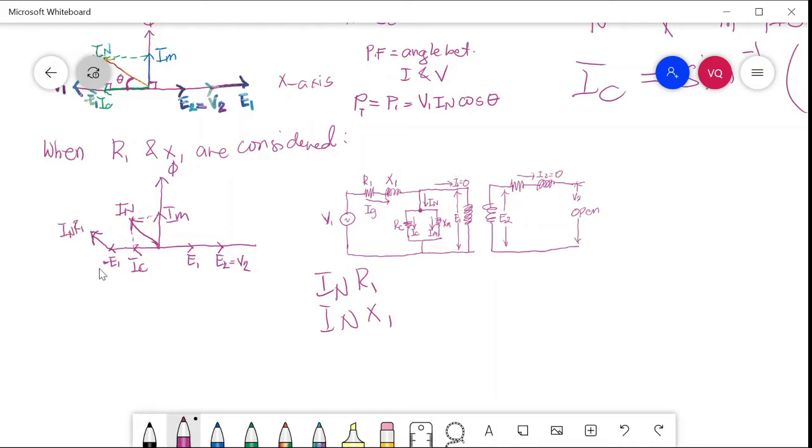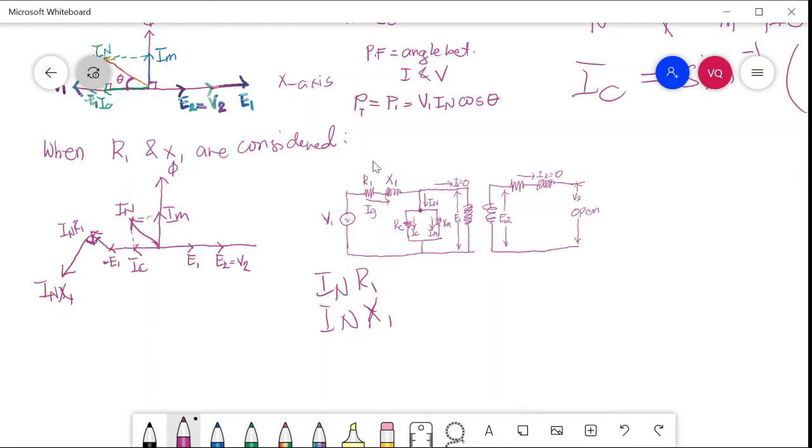So here is the drop IN R1. And IN X1, X1 is inductive, so inductive means it is displaced by 90 degrees. So here is the drop IN X1, which is 90 degrees.